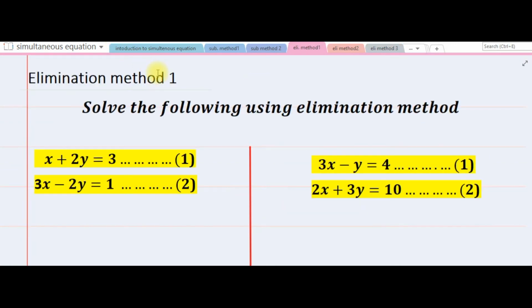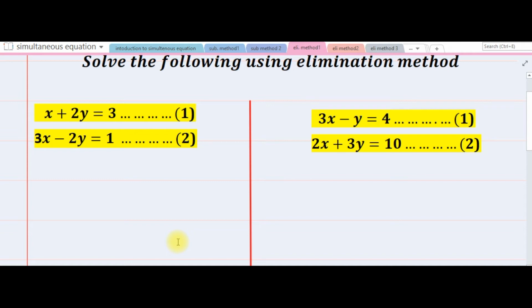So okay, we are on the second method, which is the elimination method. Remember, I told you in this method, we eliminate, and the only way we eliminate is that you check if the coefficient of one variable is the same in both equations. We now add or subtract depending on the sign.